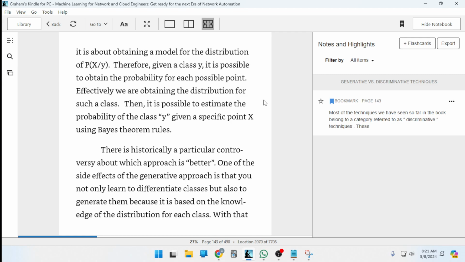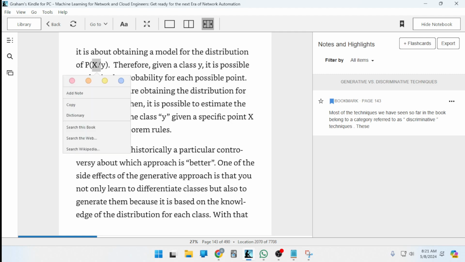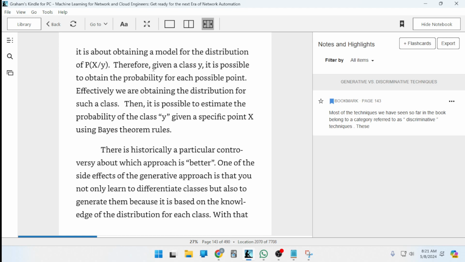So it is about obtaining a model for the distribution of p(x), and the x and the y are flipped now, but that's probably valid. The only thing that's really not valid here that does have to be corrected is this is a pipe key, because this does not mean division. Not only is it a different mathematical concept than division, it's actually an incorrect typo character.